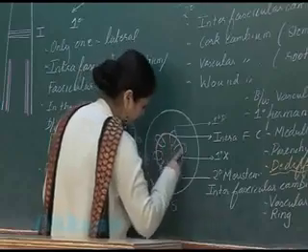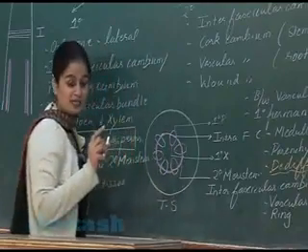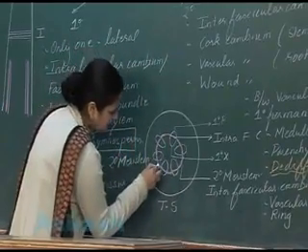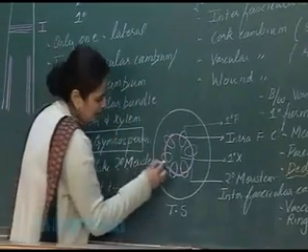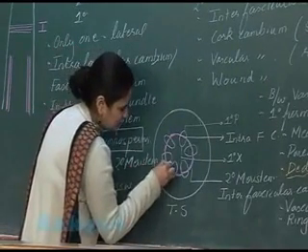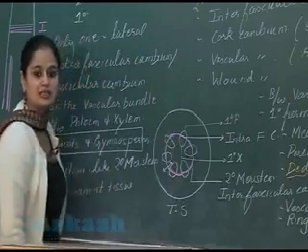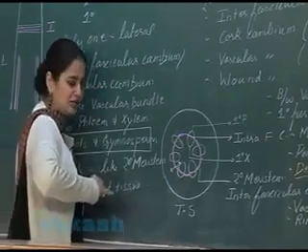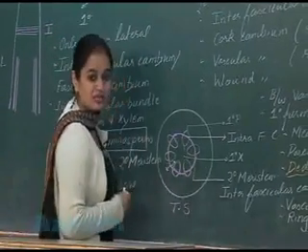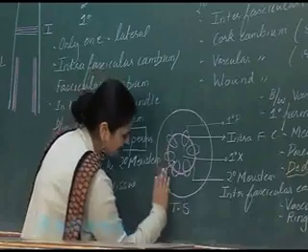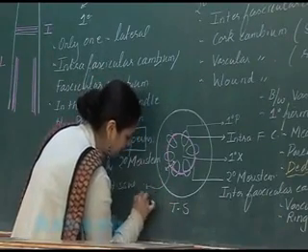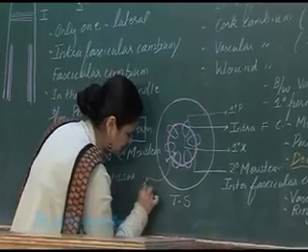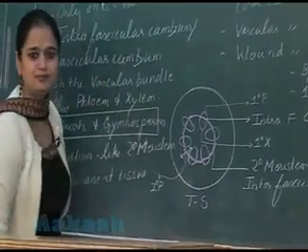Now this vascular cambium will perform its activity. It will cut cells towards the outer side as well as towards the inner side. The cells that are cut towards the outer side are differentiated into the secondary phloem.